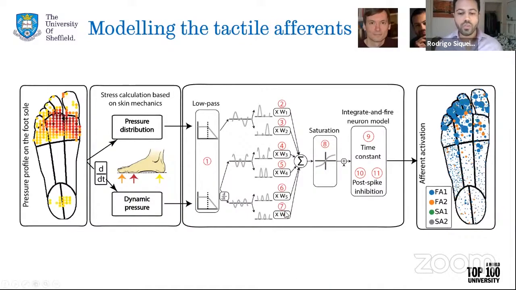All of those 2 to 7 are time varying parameters. And then you integrate all of those into a saturation parameter because of the adaptation of those tactile afferents. Then you have a couple more post-inhibition parameters to account for refractoriness of the receptors.